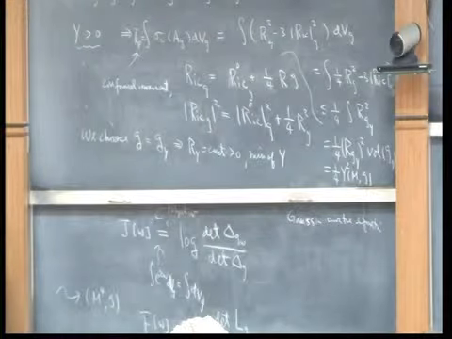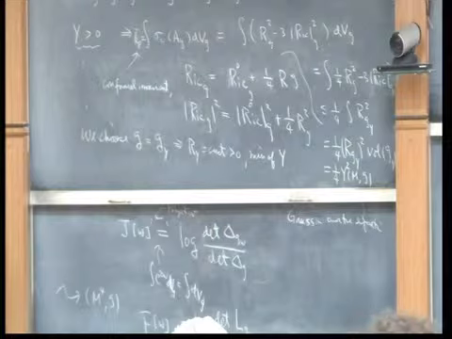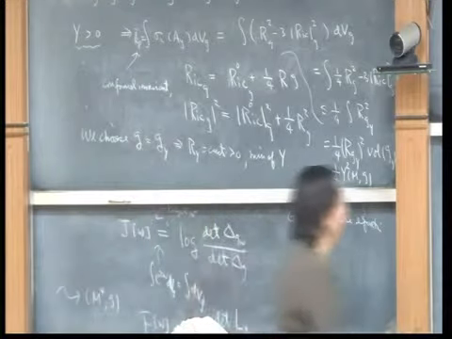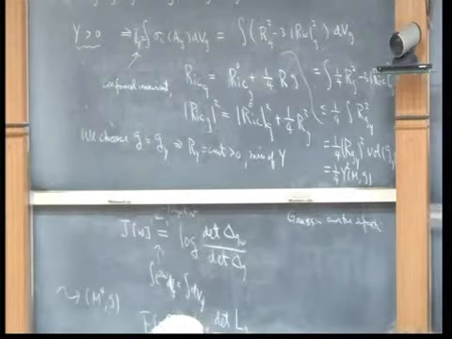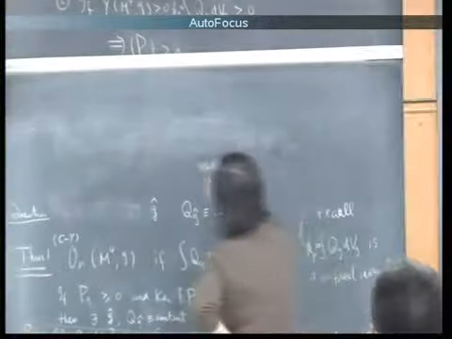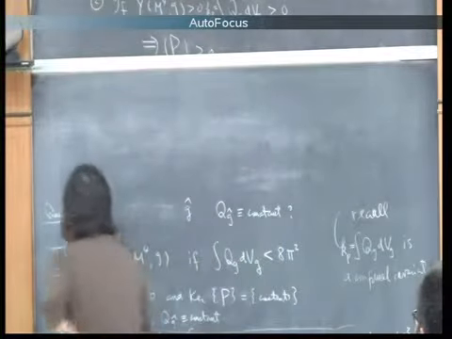The formula is complicated, but on the other hand, it turns out that one can analyze it and give it geometrical meaning. The Euler-Lagrange equation of F of W is F prime of W equal to 0. So one studies the extremal metric of the log determinant formula.